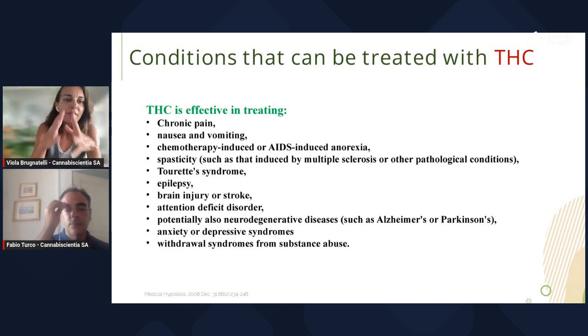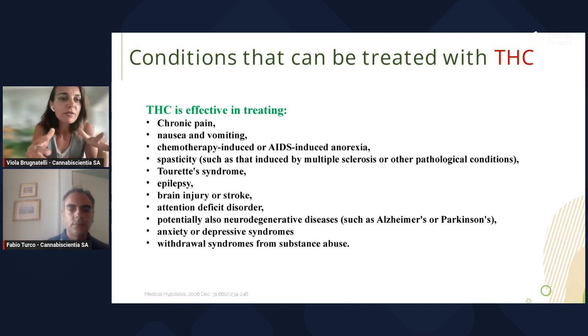So there is a precise dosing that will provide that effect, but different doses will even give opposite results. And this is pretty much valid with most of these effects. Even think of nausea and vomiting, epilepsy, even attention deficit.